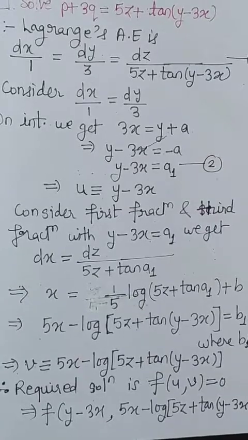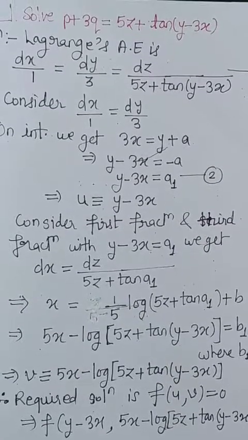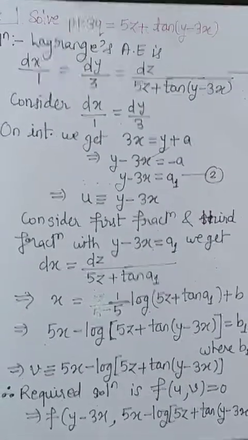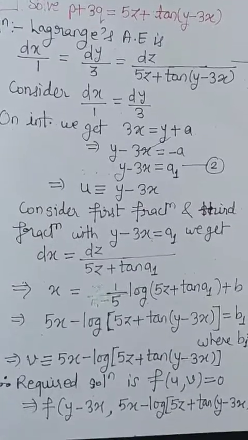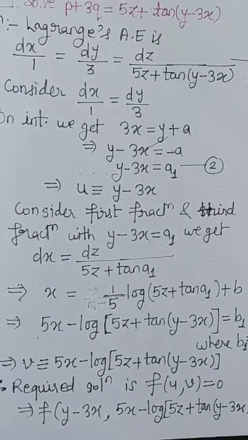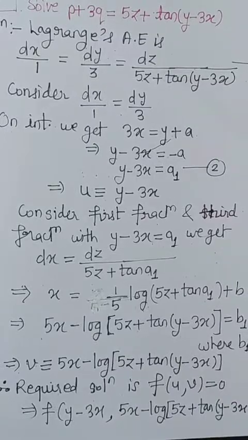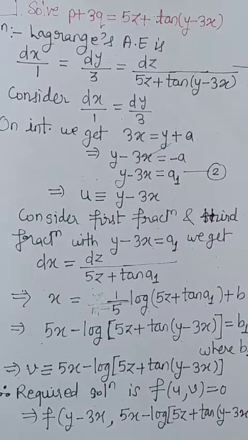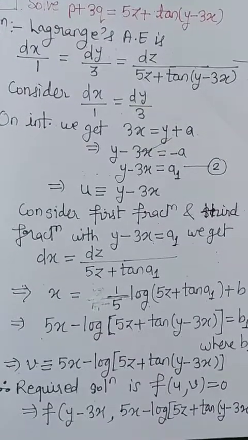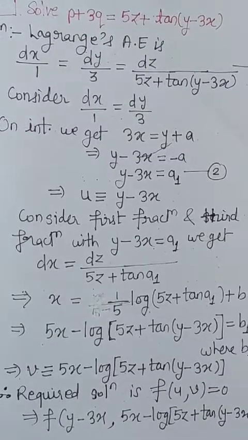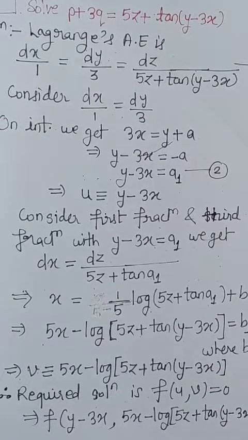Remember, method 2 is a handicap method which works only if you get the first solution by method 1. Otherwise you cannot use method 2 directly in order to get both the solutions. Thank you very much for watching this video.